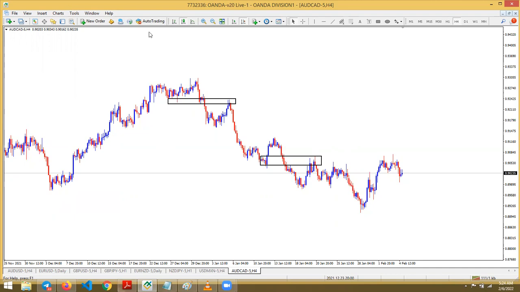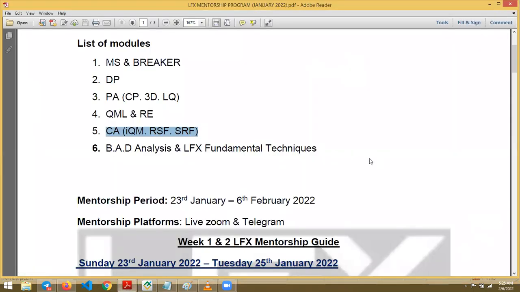Saga, thanks for sticking around. This marks the end of session 5. In session 5, I've covered the CA, the counter attack. We've covered IQM, which is the ignore at QML. Then we've looked at the swap areas, resistance support flip and support resistance flip.